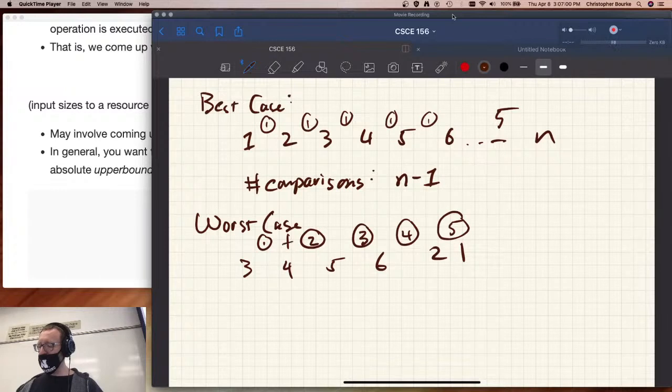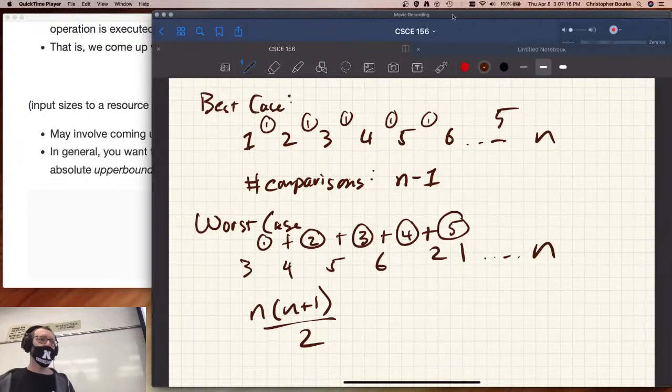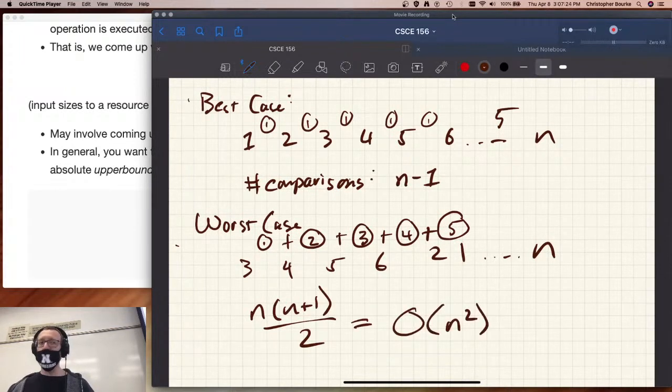So, add all of those up. And then generalize this so that you have n. It's that guy's formula again, that smart guy's formula, right? This is going to end up being n times n plus 1 all over 2. Right? That's the worst case scenario, best case scenario. So worst case, if we're only interested in that, we're done, and we say that this is order n squared.